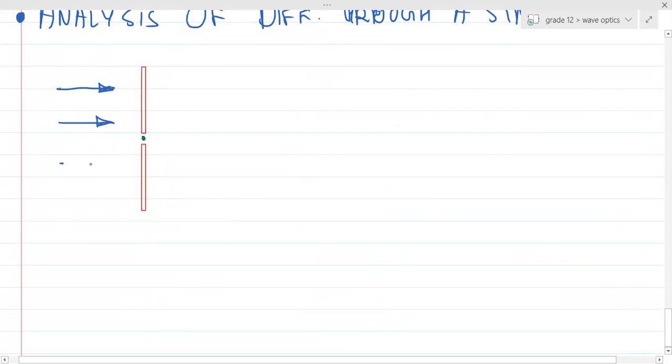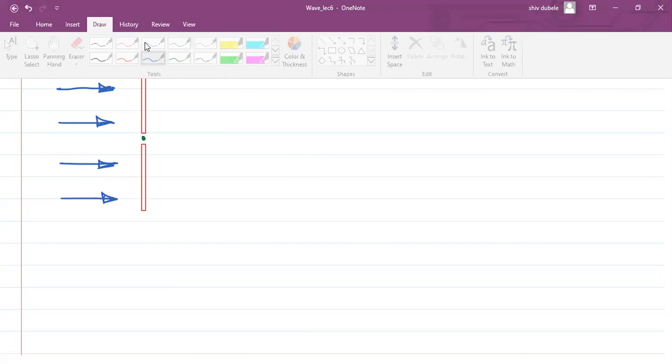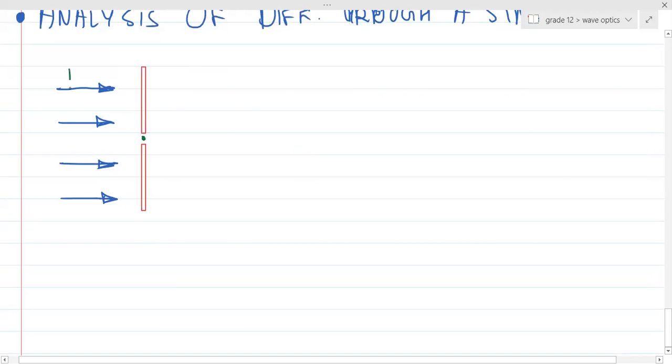I'm not drawing the whole diagram. So the incident light rays are parallel to each other, or you can say the incident wavefronts are plane wavefronts. So this is the case.